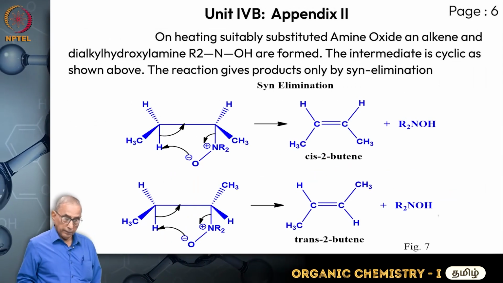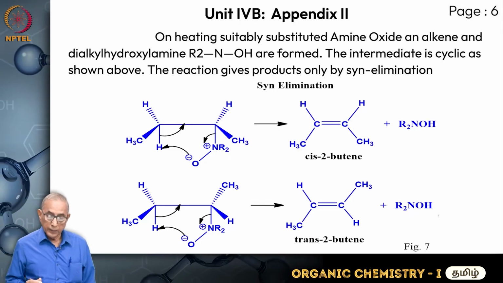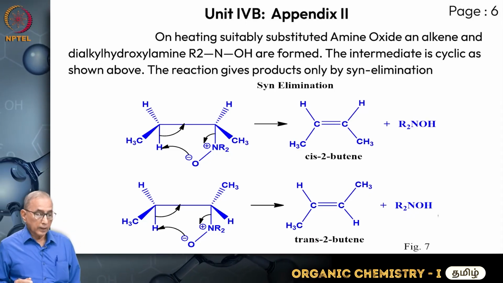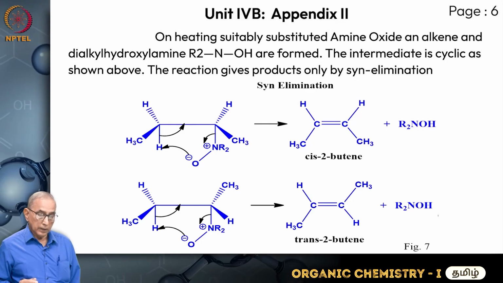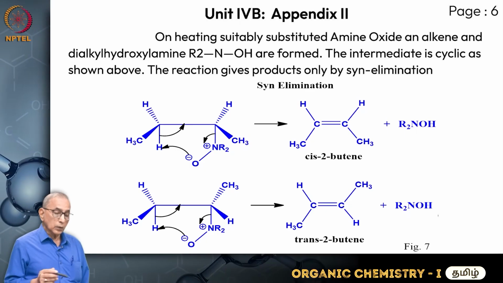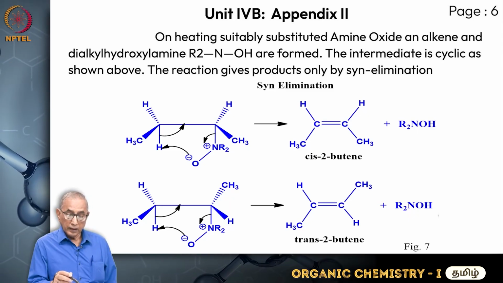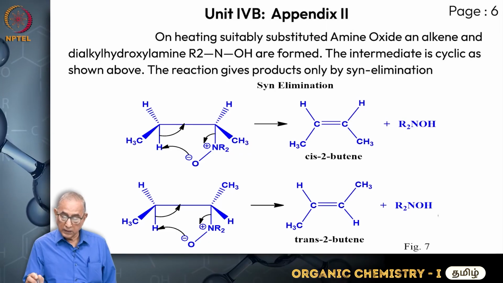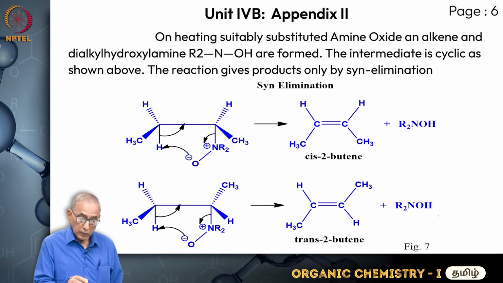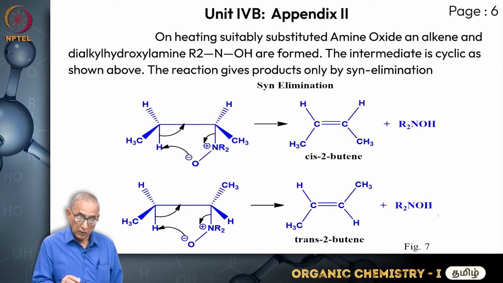Now, you can see on heating a suitably substituted amine oxide, an alkene and dialkyl hydroxylamine are formed. The intermediate is cyclic as shown, and the reaction gives products only by syn elimination. That means these two hydrogens and this NR2 plus are from the same side of the molecule.